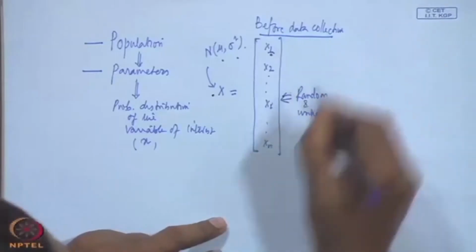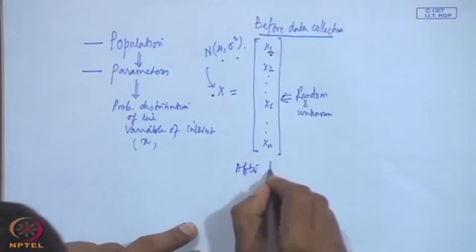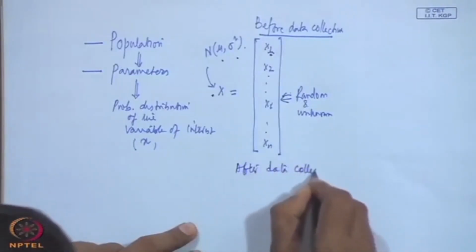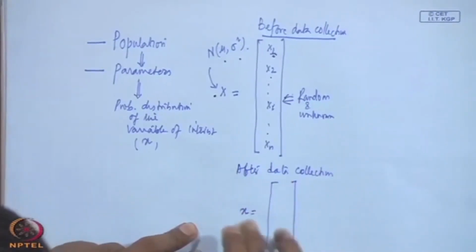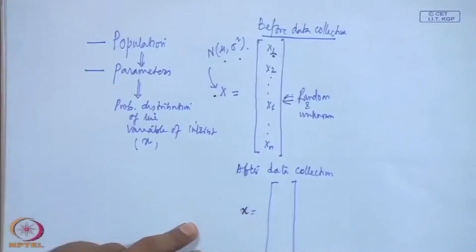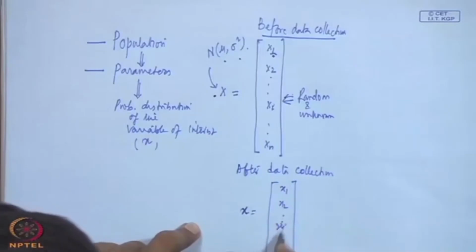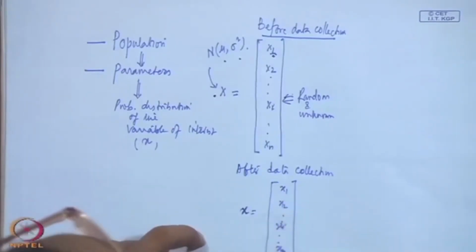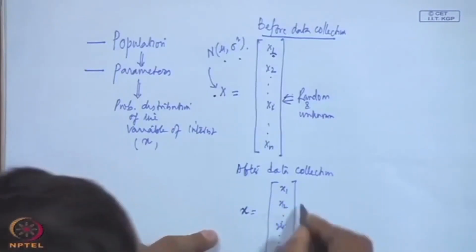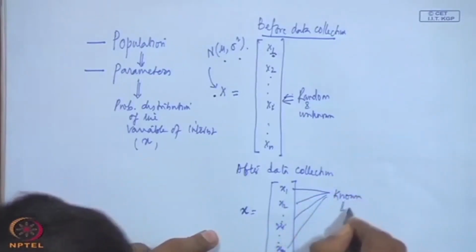Okay. Now, you thought that you have collected data. After data collection, what will happen? You will collect data, we are denoting it in terms of small x. So x 1, x 2, x i, x n. What are these values? Known values, realized, every value is realized, known and constant.